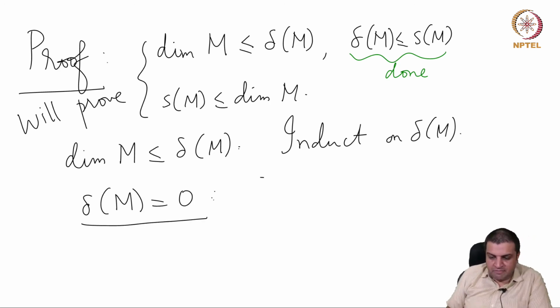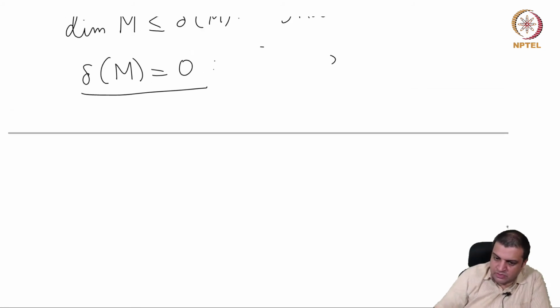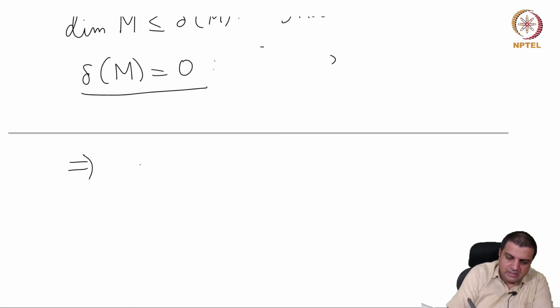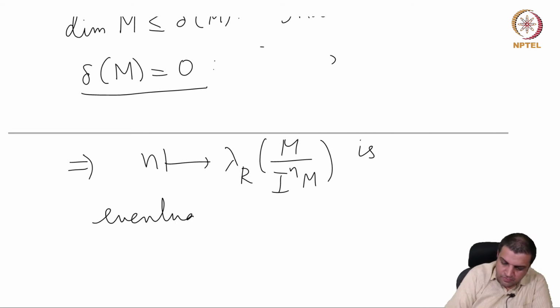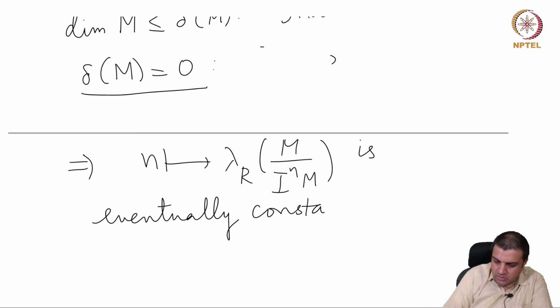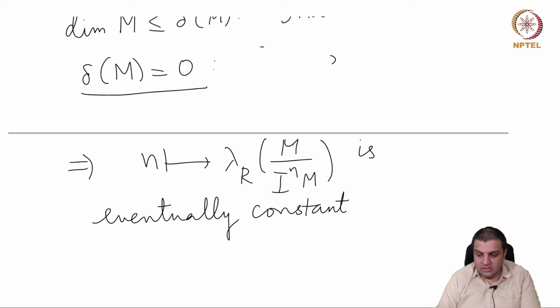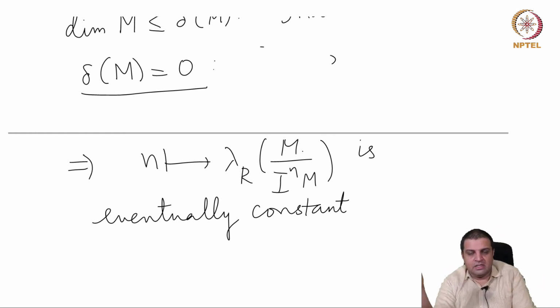Delta of M is 0 means that the function which takes n to the length of M mod I^n M is eventually constant, just because a polynomial has degree 0.